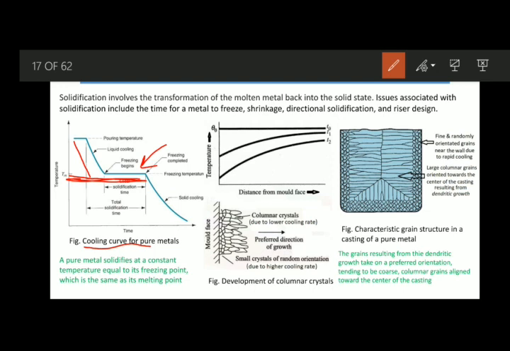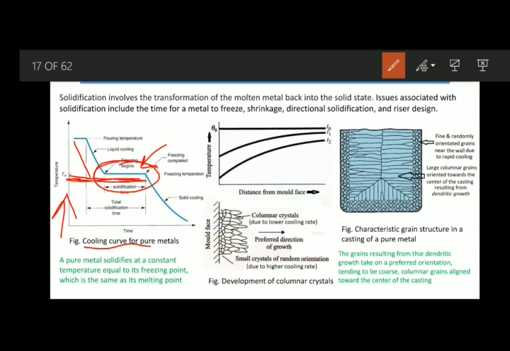Then at this particular region, we have the latent heat of fusion. If we consider the phase transformation from solid state to liquid state, we supply the heat externally, and when the phase change happens, there is latent heat associated with it.